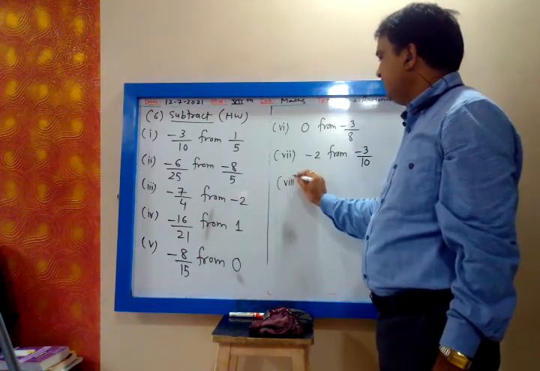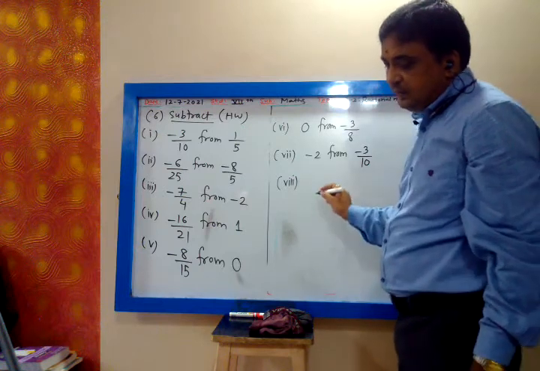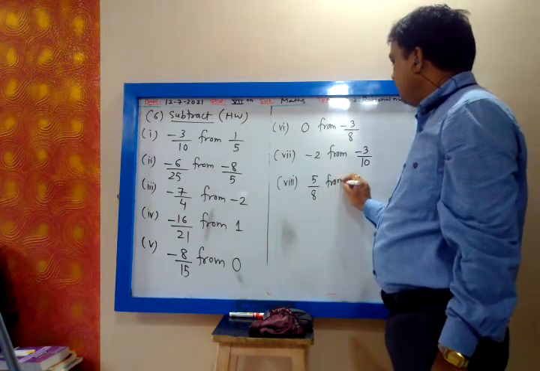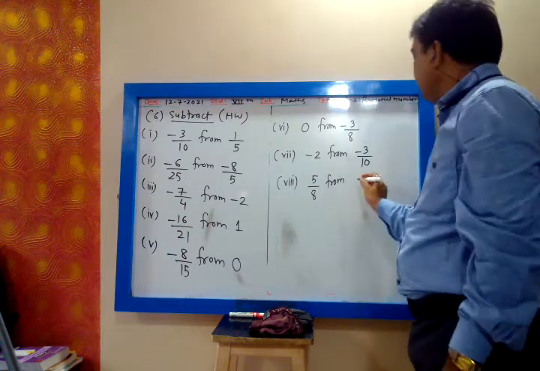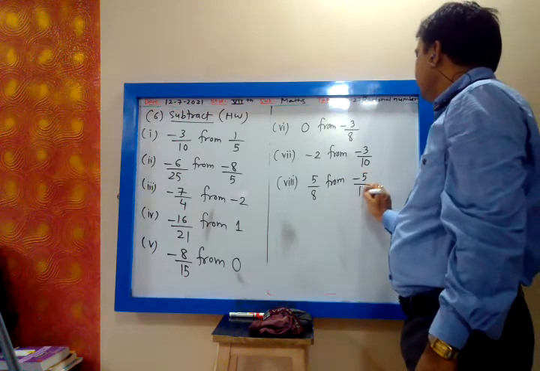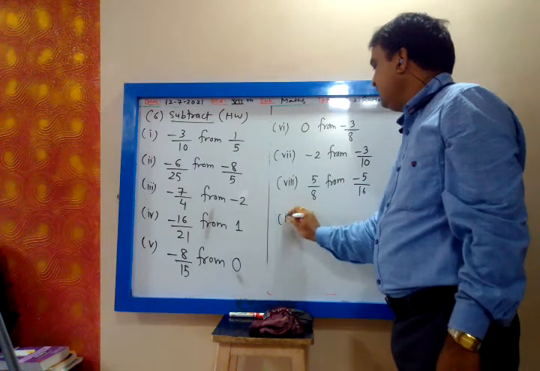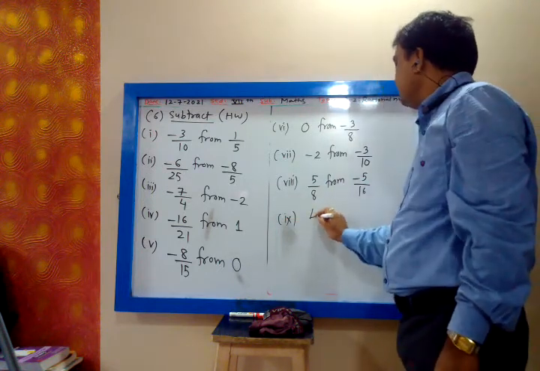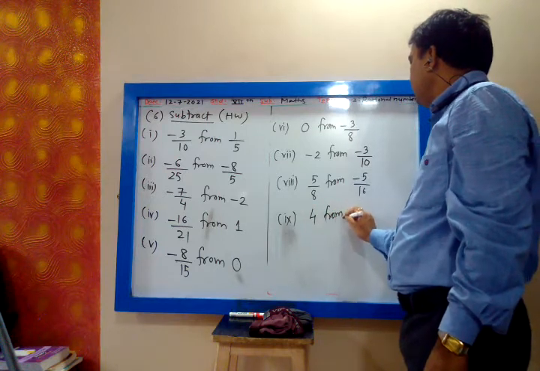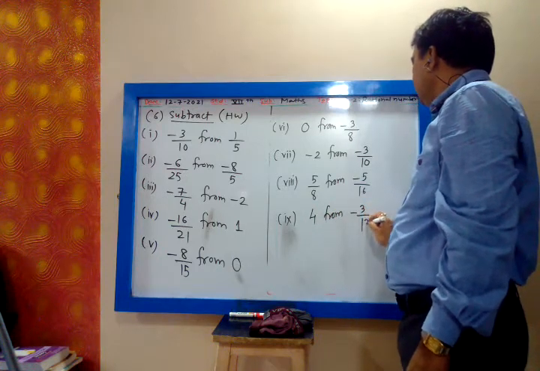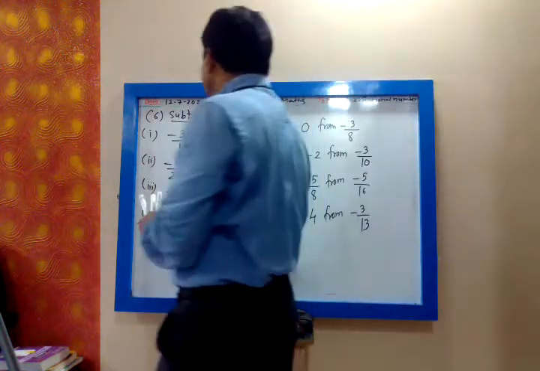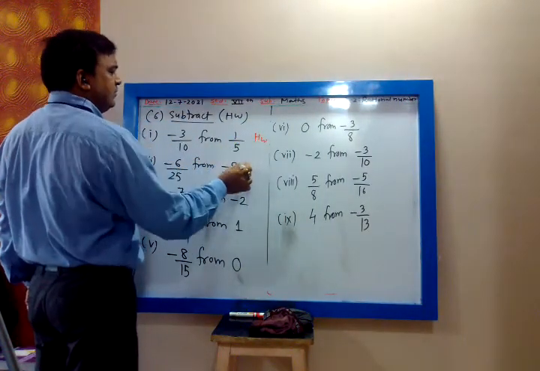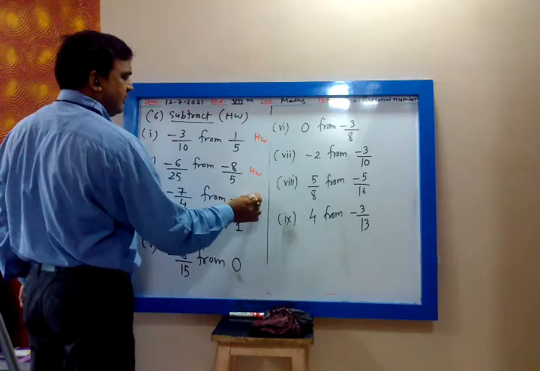Then eighth one, subtract 5 by 8 from minus 5 by 16. Then ninth, subtract 4 from minus 3 by 13. So all are homework, because whichever number is written after from, you should write first.